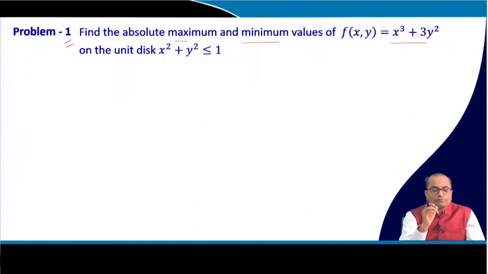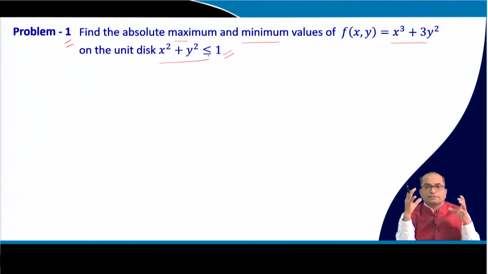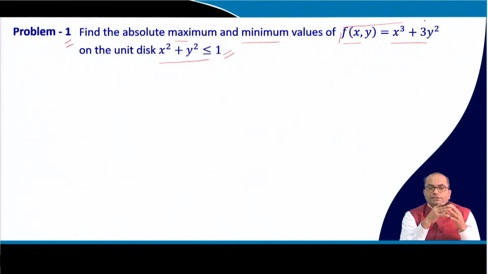The same problem we did in the previous lecture, where the disk was the domain, and inside the domain we calculated the stationary point by looking at the critical points of this function and checked whether the critical points lie inside this domain. That was one part. On the other part, we looked at the boundaries.